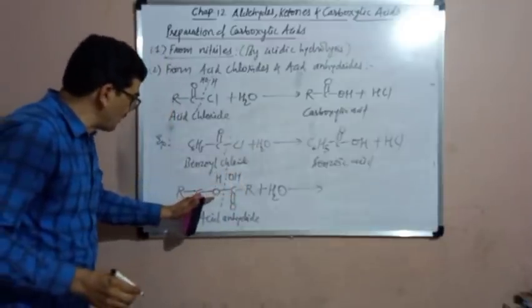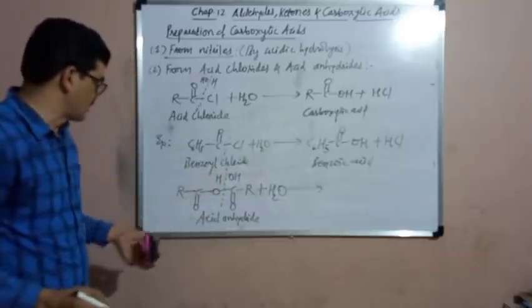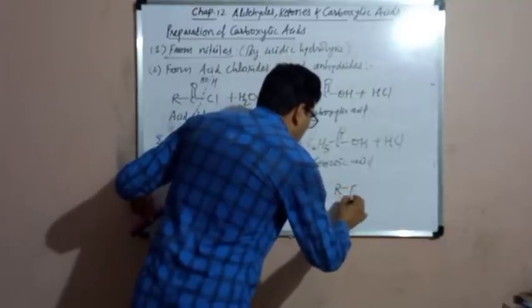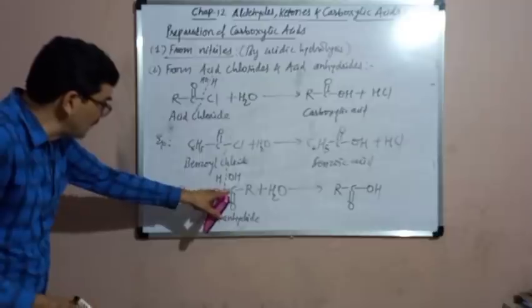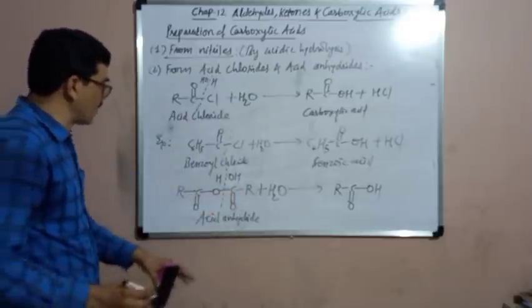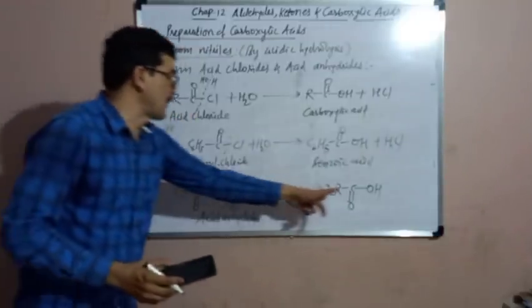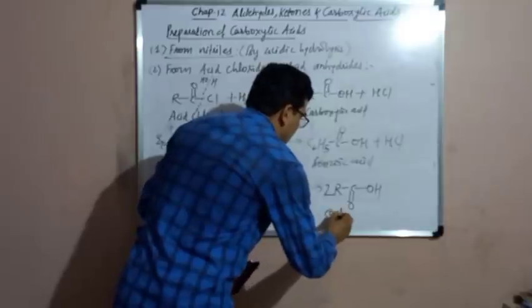Carbon oxygen bond will break, and here in water H and OH will separate. Now this H will combine to oxygen, giving R, C double bond O, OH, and this OH will combine to carbon. There is the formation of another molecule of RCOOH, which is 2 moles of RCOOH. This is the carboxylic acid.